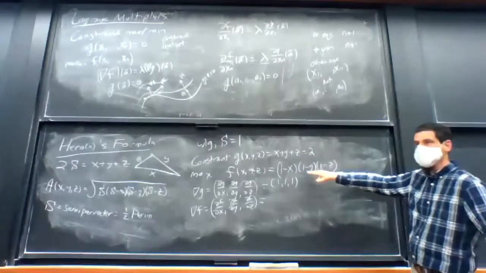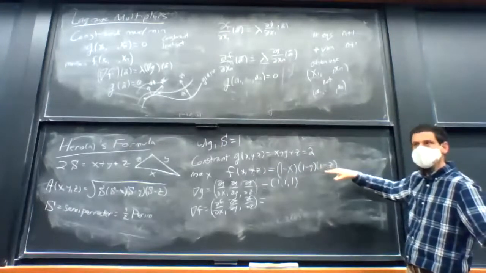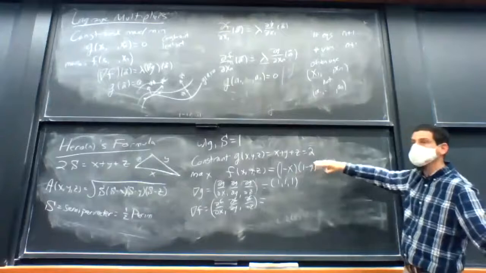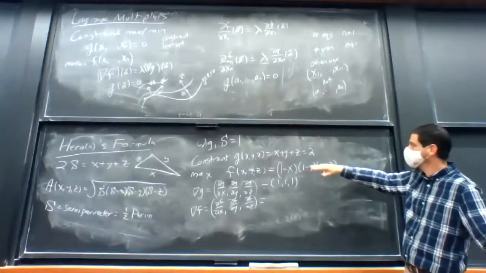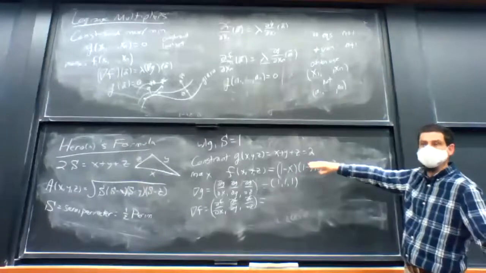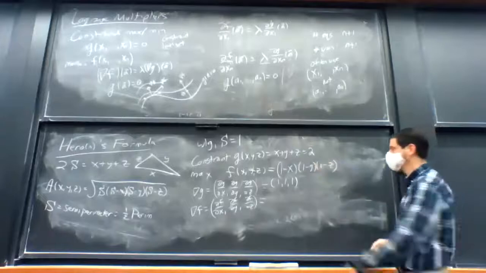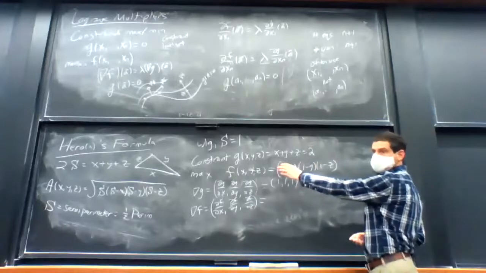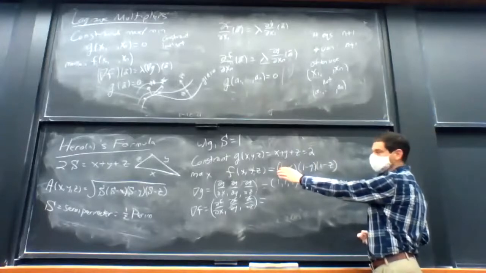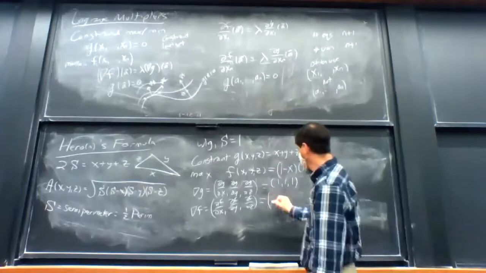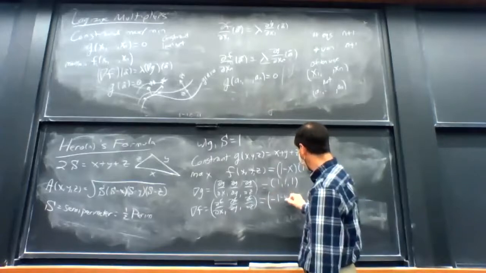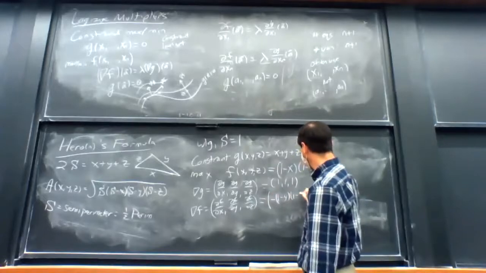Times 1 minus y times 1 minus z. I've got a product. If I'm taking the partial with respect to x, 1 minus y, 1 minus z are constants. So it's just the derivative of 1 minus x with respect to x. It's just negative 1. So it's just going to be negative 1 minus y, 1 minus z.